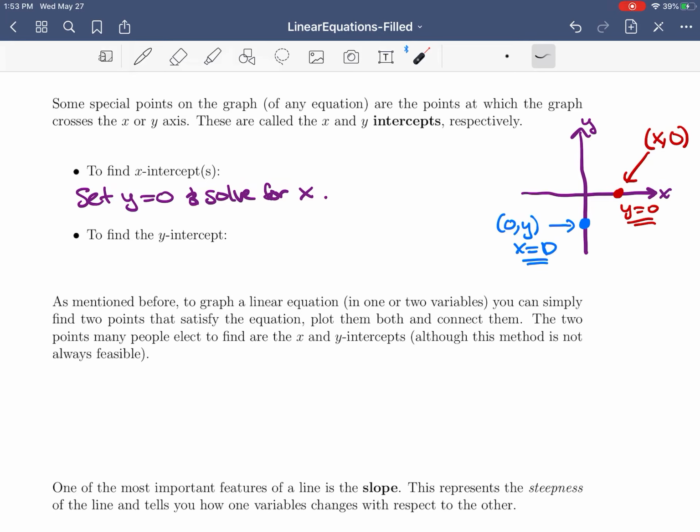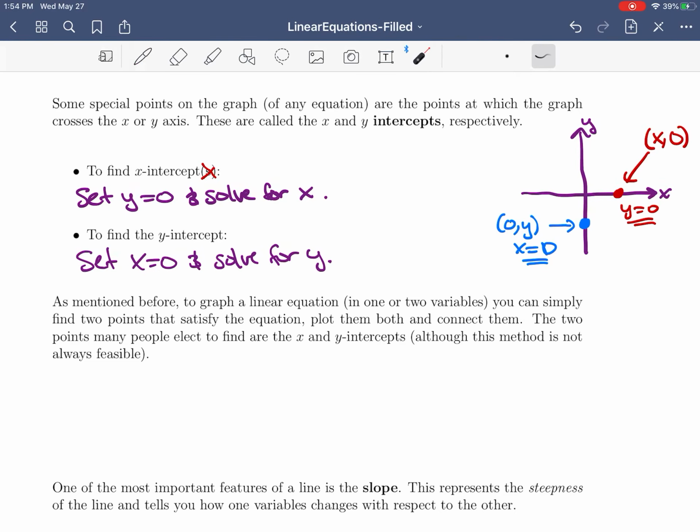So for regular equations, for regular functions I should say, it's possible that you have more than one x-intercept. Okay, here we are talking about lines, so they can only cross in at most one spot. So it's actually just intercept. Now to find the y-intercept, you want to do the opposite. So set x equal to 0 and solve for y. Okay, so that's how you can find those.